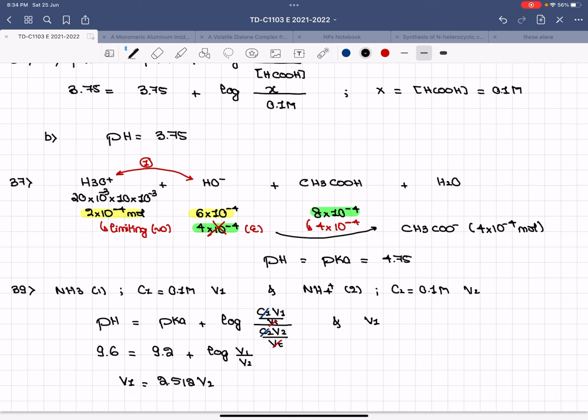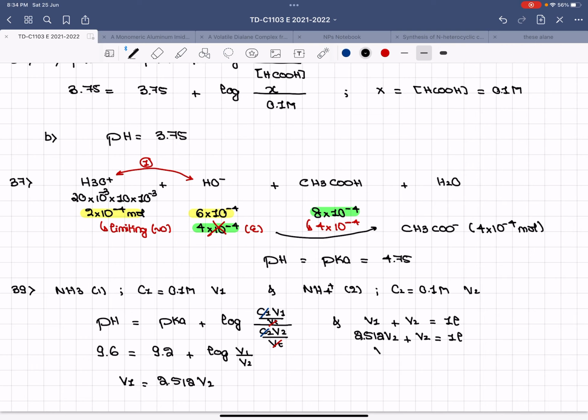So V1 plus V2 is equal to 1 liter. Here I replace V1 with 2.512 V2, plus V2 equals 1 liter.